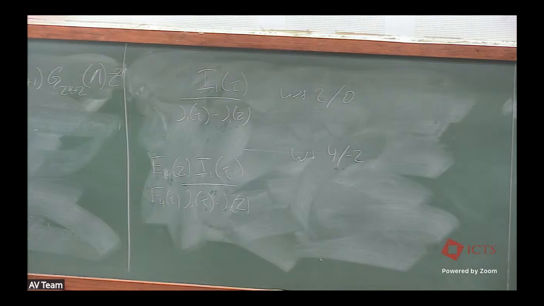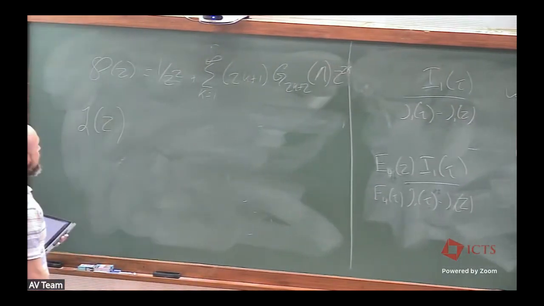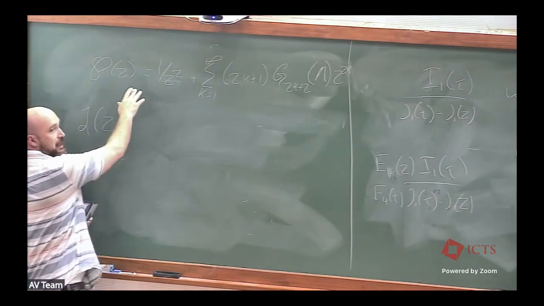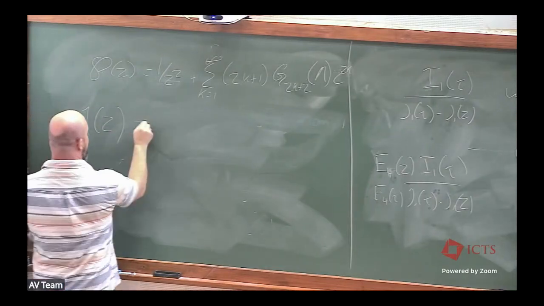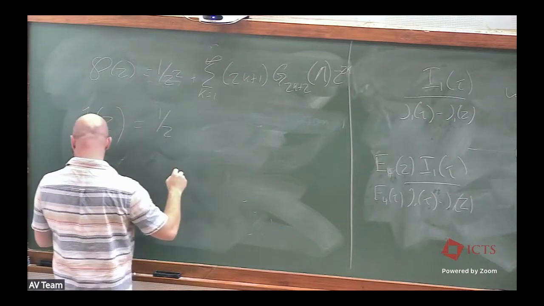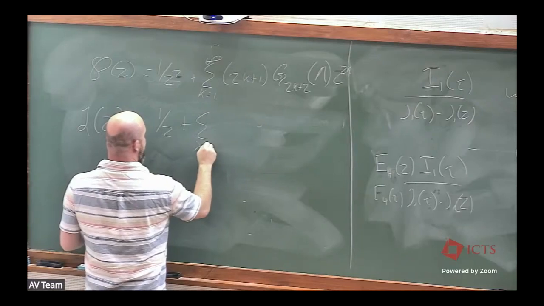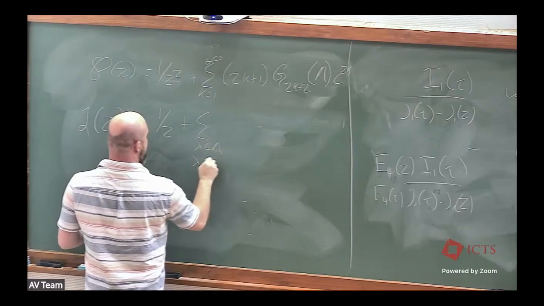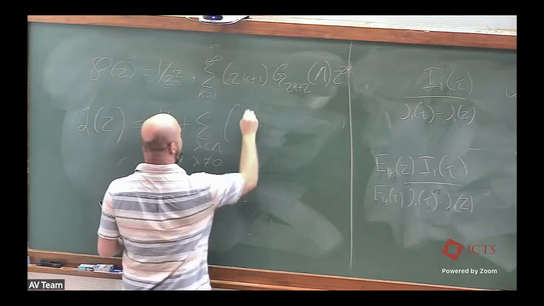Now, the next thing that I want here is called the Weierstrass zeta function. The Weierstrass zeta function is an antiderivative of the p function. So this is going to be 1 over z plus the sum over lambda in our lattice, lambda not equal to 0. And here, this is where we're going to have what I said before.